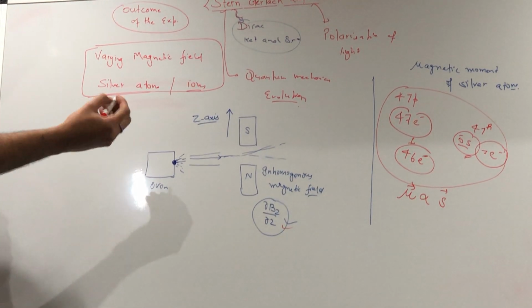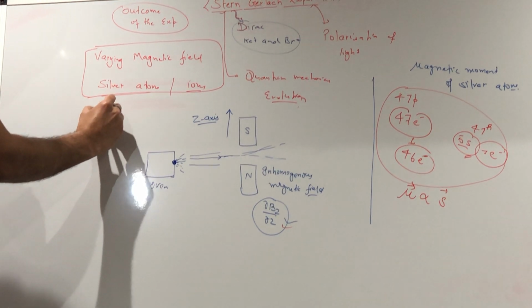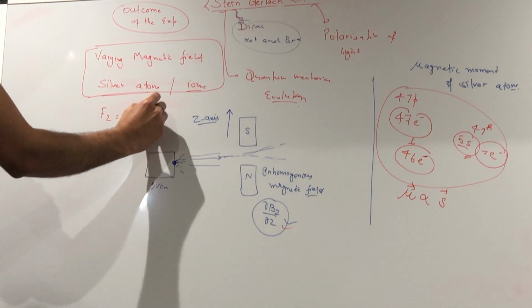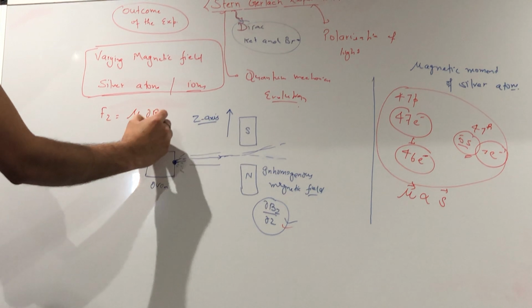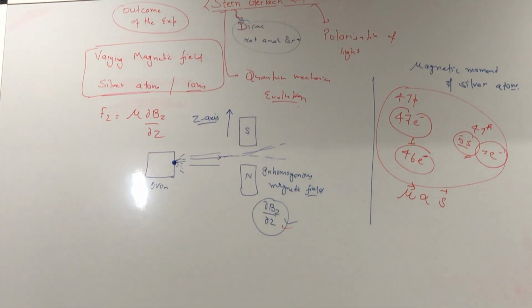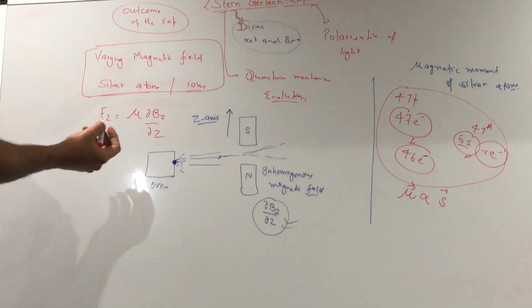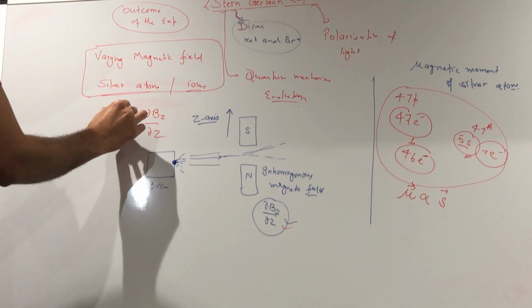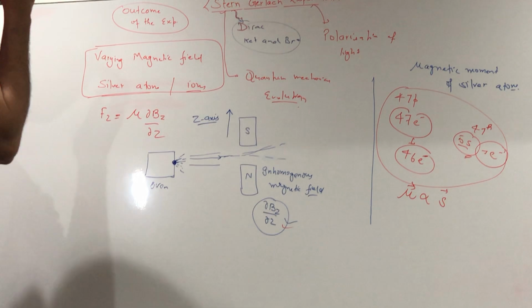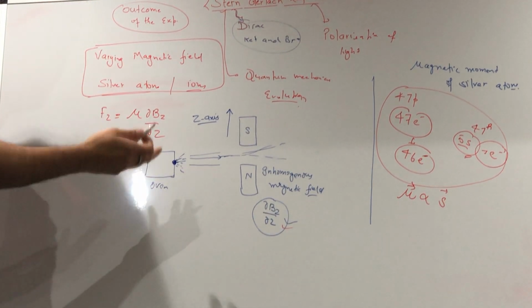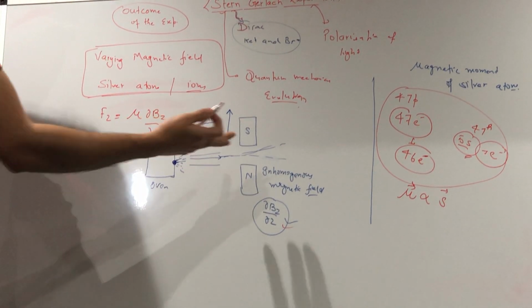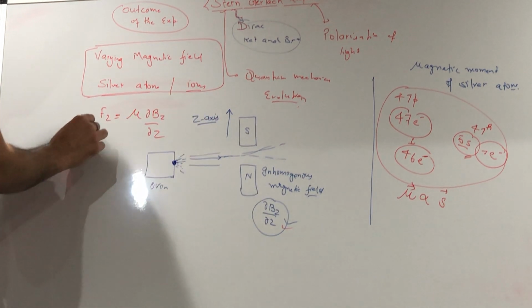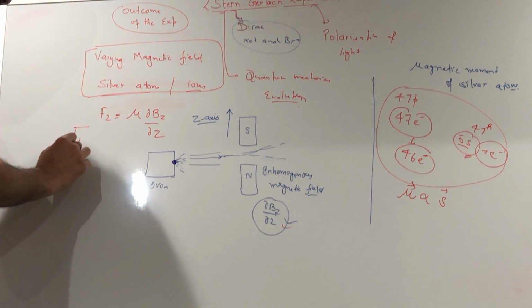That force is given by Fz = μ ∂Bz/∂z. So these atoms, when they pass through this inhomogeneous magnetic field, experience a force that is given by this, or that is proportional to the interaction energy.